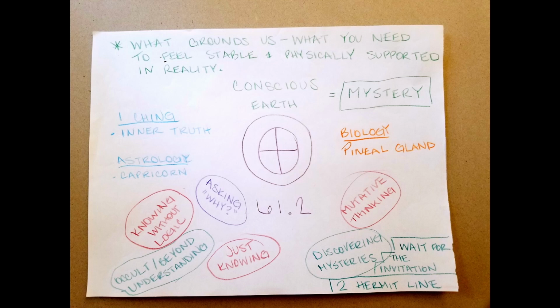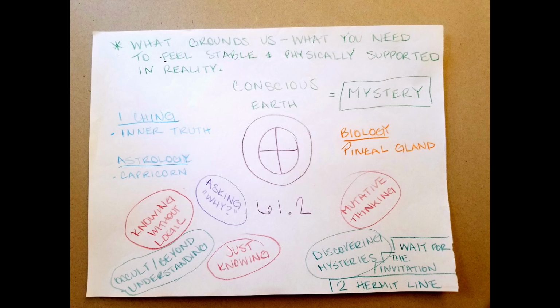And your conscious Earth represents what grounds you and what you need to feel stable and physically supported in reality. And for me, it's mystery. Mystery is what grounds me and makes me feel stable and connected to the reality, to the consciousness. And I'm not going to read all of these, but it's inner truth for I Ching, Capricorn for astrology, the pineal gland for biology.